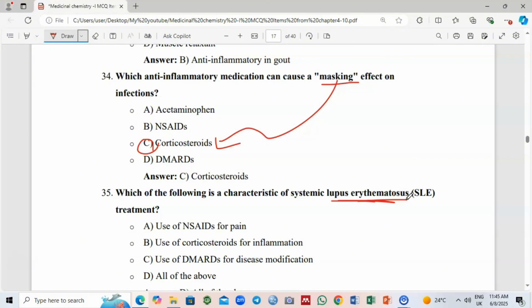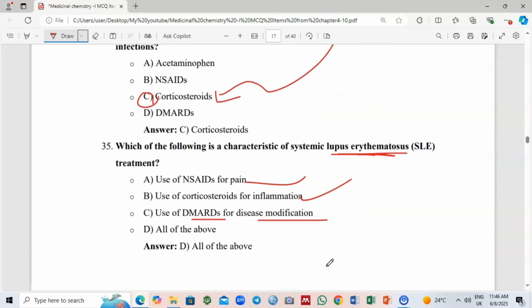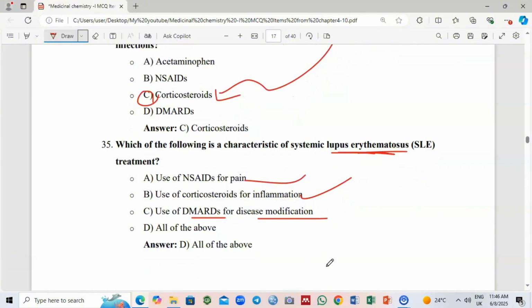We can treat such a disease by using NSAID drugs, corticosteroids for inflammation, and also methotrexate, which can be used for disease modification. Therefore, all are ways of treatment for SLE.